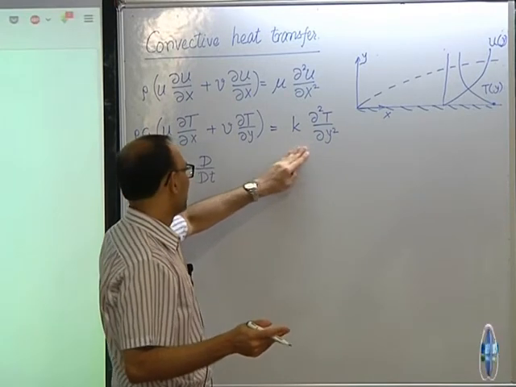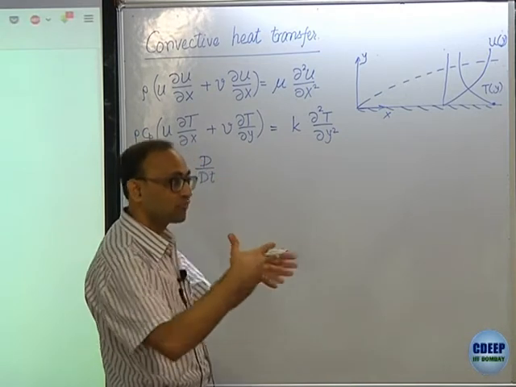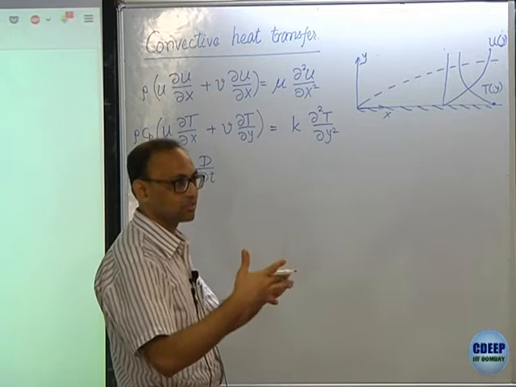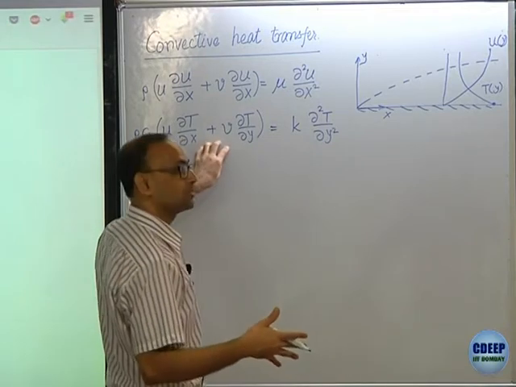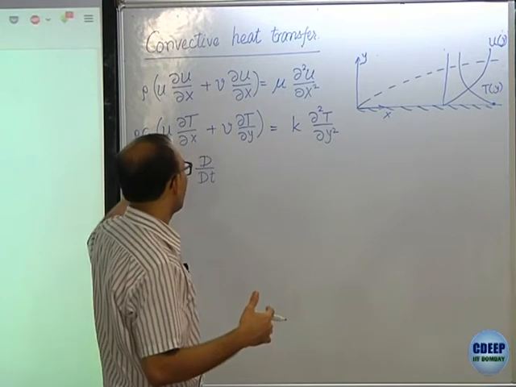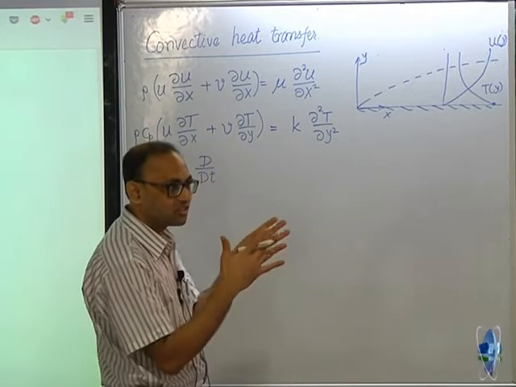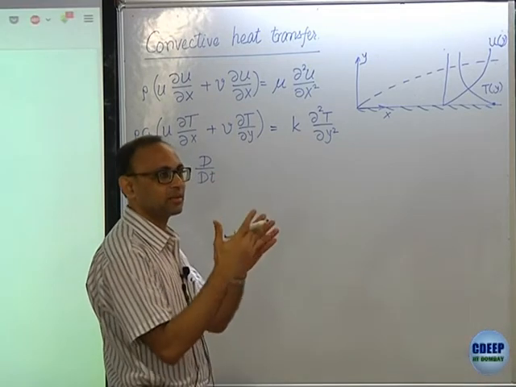Material derivative is time derivative plus space because of flow. Exactly, because of flow. So, this is the part which comes in addition for the flow. How is temperature being carried by u and how that changes in x? That gives you the net change at a given point.